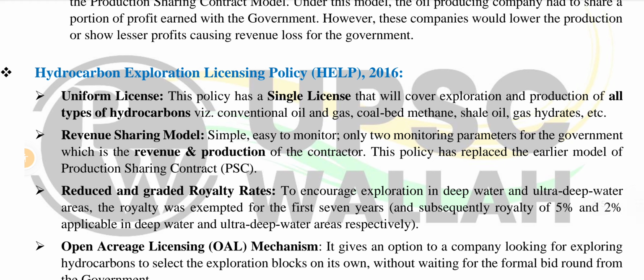Hydrocarbon Exploration Licensing Policy, HELP, in 2016.